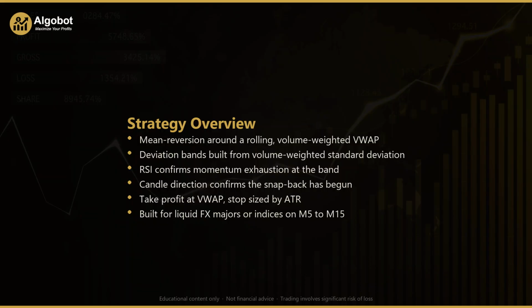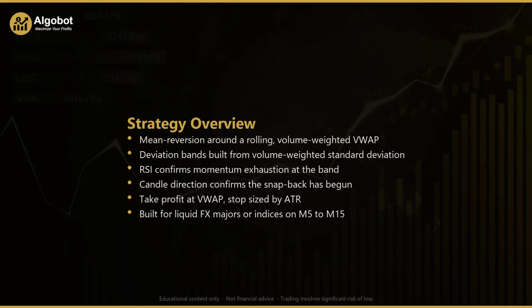But the strategy does not simply fade every touch of a band, because a market can keep pushing in one direction. It waits for 3 separate conditions to line up on a freshly closed bar before it acts. It combines the band stretch with the RSI momentum gauge and with the shape of the candle itself.